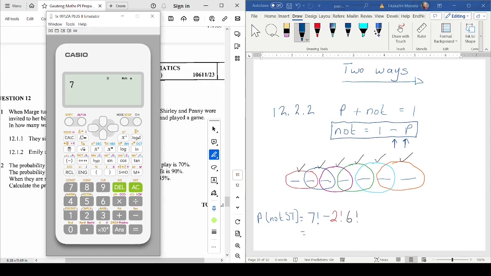If I look at my calculator here, you can see it right over there in orange, which means I must press shift and then press factorial. Minus 2 shift factorial, it's orange, times 6 shift factorial. What do we get?